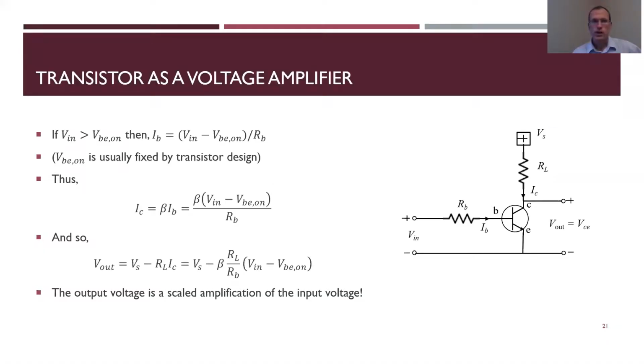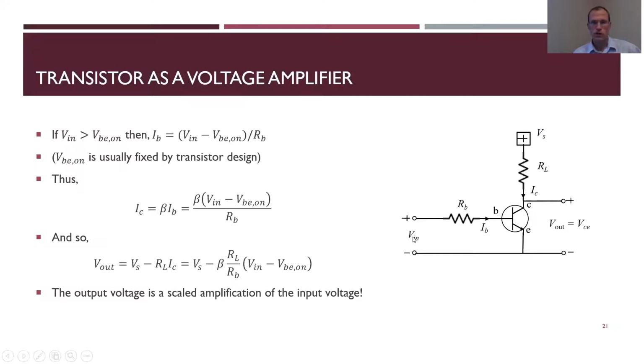Now I'm going to take a more detailed look at these transistors as voltage amplifiers. So I have some voltage in coming into the base. I'm assuming this voltage in is bigger than the turn-on voltage of my transistor. So I'm assuming V in is bigger than the voltage between the base and the emitter needed to turn it on. Again, usually 0.6 volts there. If that's the case, then I can find my current.